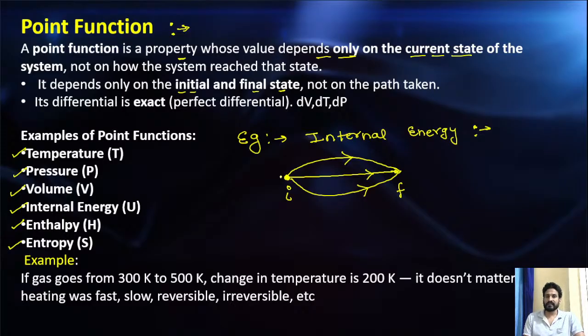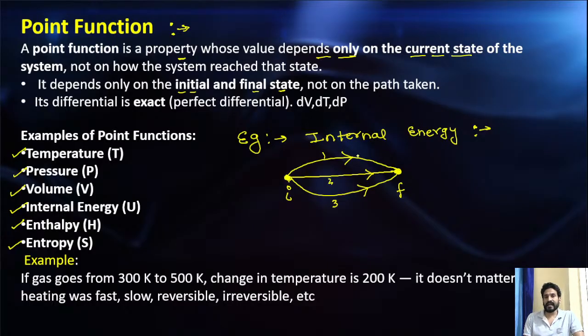So there are three paths, 1, 2 and 3, right? Is it clear to you? But mark my words, the initial and final points, or the initial and final states, of all these three processes are the same.